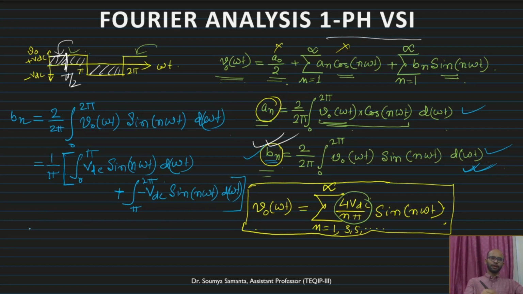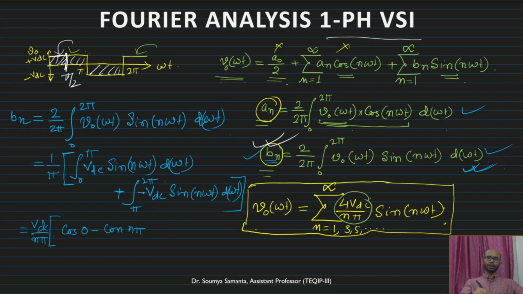What will happen in this case? 1 by pi. Let me take the VDC common, and if I integrate and take the n out, then we will get VDC by n pi. What will this be? This will be cos 0 minus cos of n pi.